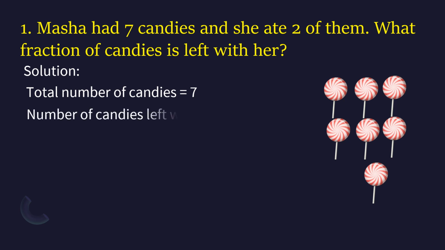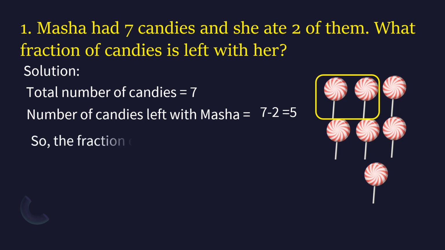So the number of candies left with her is 7 minus 2 is equal to 5. So out of 7 she ate 2. The number of candies left with her is 5. So what is the fraction? 5 by 7.